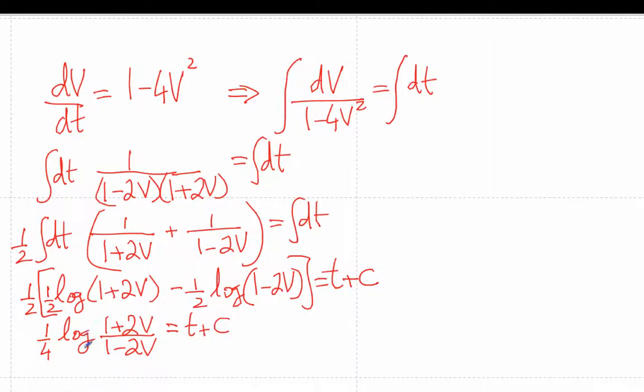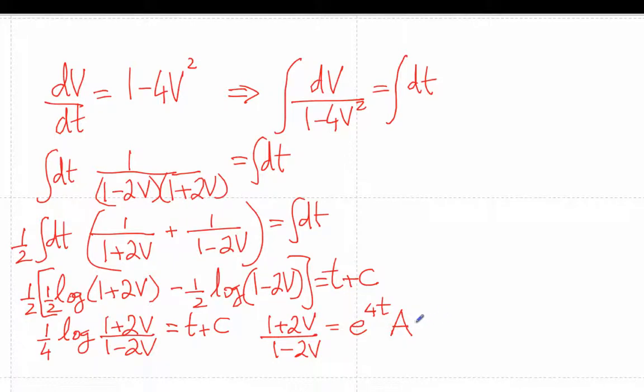So now I can write 1 plus 2v over 1 minus 2v as the exponential of this. And so 1 plus 2v over 1 minus 2v is e to the 4t e to the 4c. Now e to the 4c is another constant, so just let me call that a.